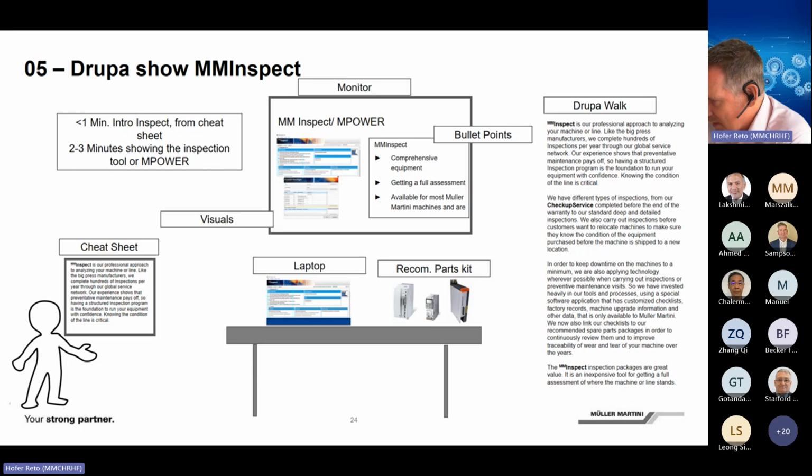We now also link our checklists to our recommended spare parts packages in order to continuously review them and to improve traceability of wear and tear of your machine over the years. The MMInspect inspection packages are great value. It's an inexpensive tool for getting a full assessment of where the machine or line stands.